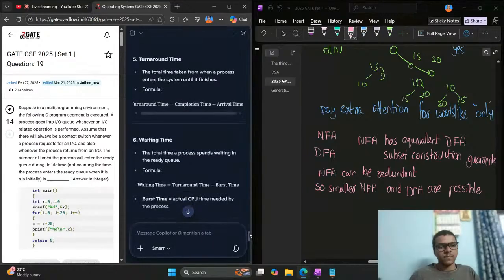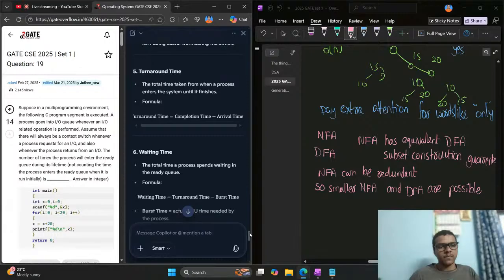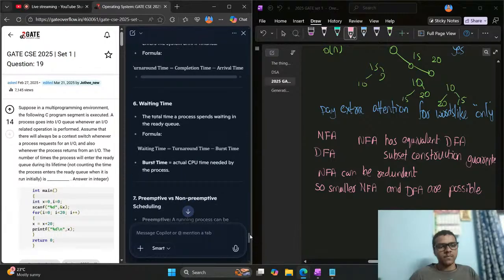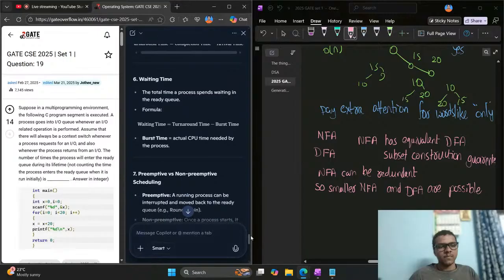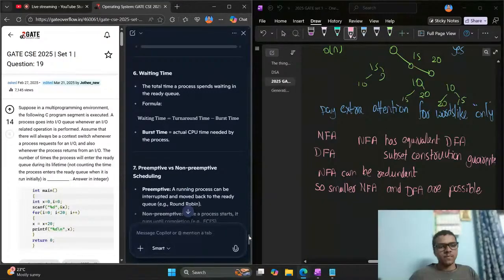Waiting time, the total time a process spends waiting in the ready queue. Burst time is the actual CPU time needed by the process. Waiting time is turnaround time minus burst time. So within the 5 minutes, the CPU actually spent 1 minute on that, so it is waiting for 4 minutes. That is good.